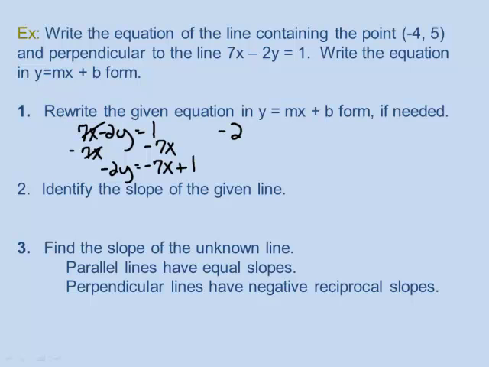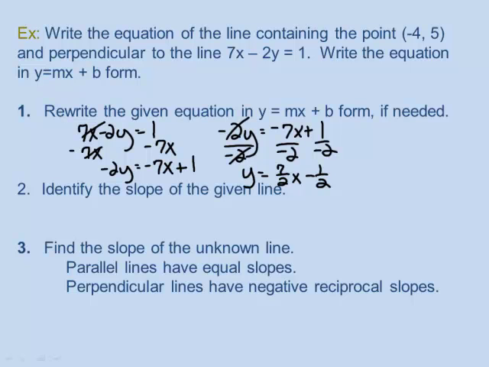Now if we take that, and I'm going to rewrite it here, and divide everything by -2, that will give us y equals double negative is a positive 7/2 x minus 1/2. So there's our equation in slope-intercept form.